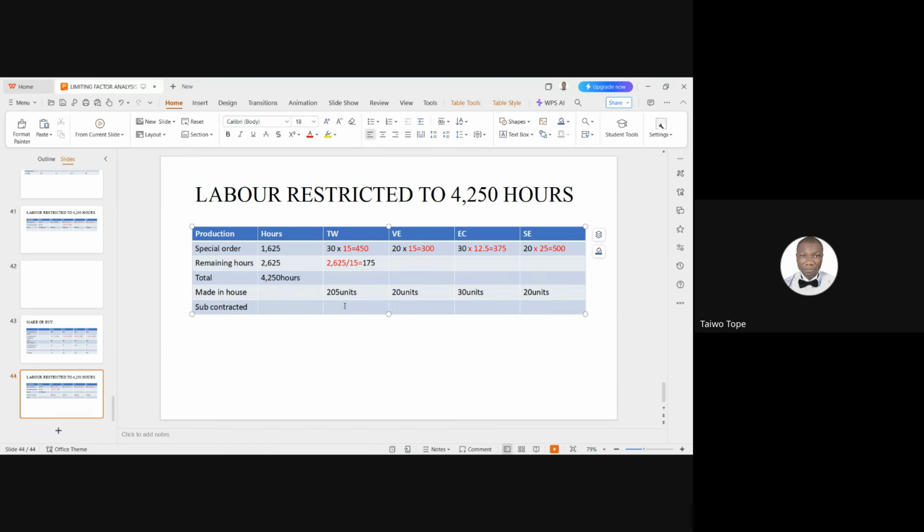So now, we need to produce 300 here, isn't it? But we can only produce 205 units. So what is the balance that should be subcontracted?